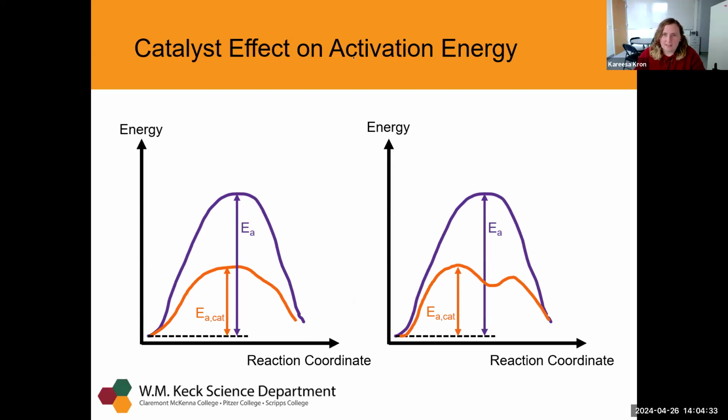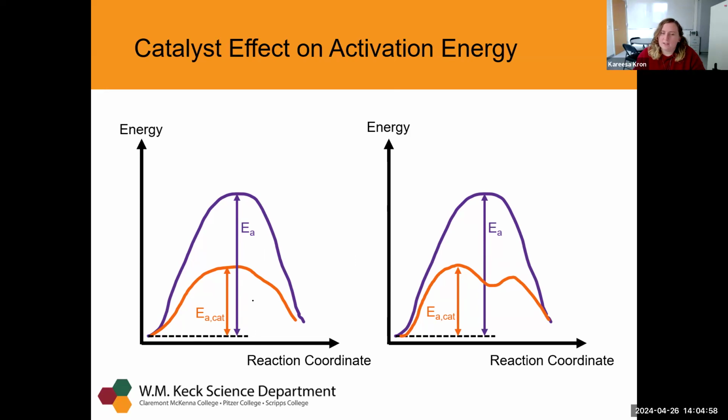So catalysts can affect activation energy by changing the energies of the transition state or by changing the mechanism of a reaction. Both of these reaction coordinates are possible effects of different catalysts. If purple represents the uncatalyzed system, it has a relatively high activation energy.